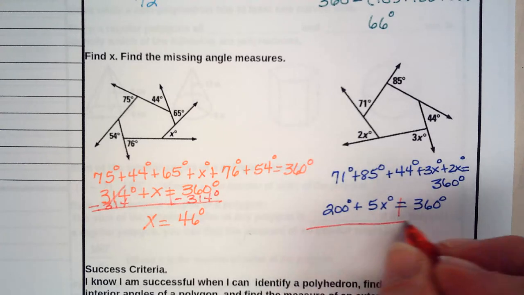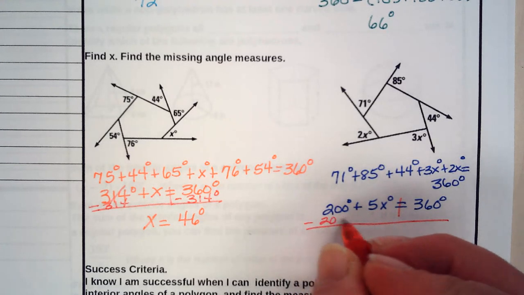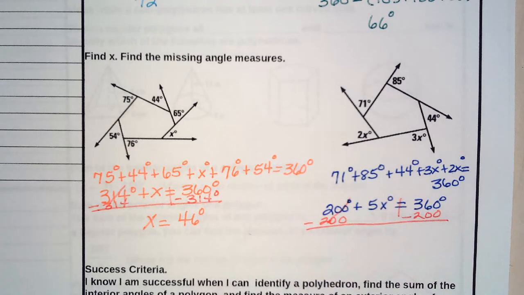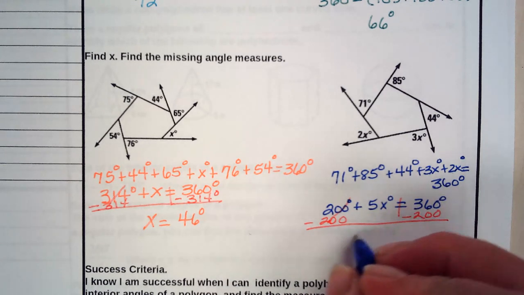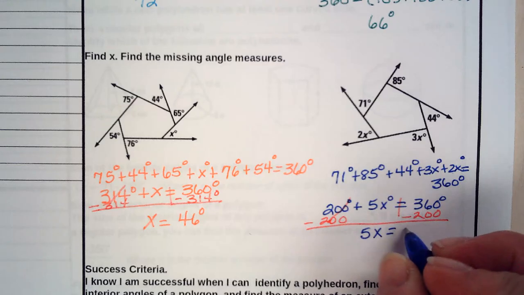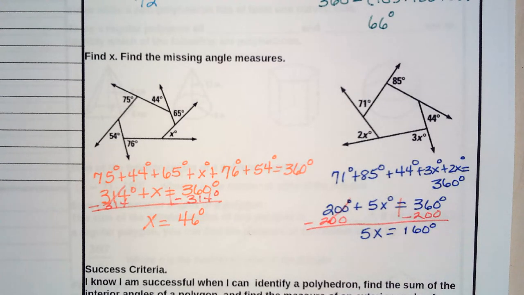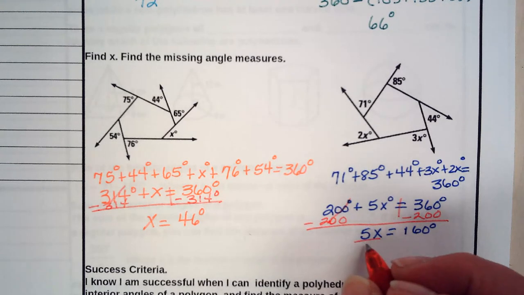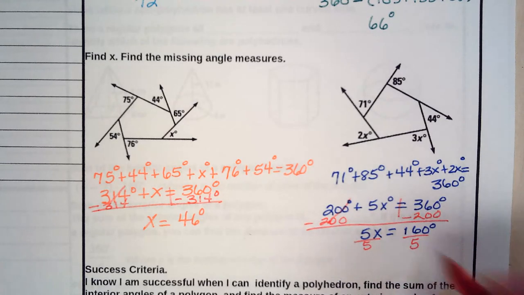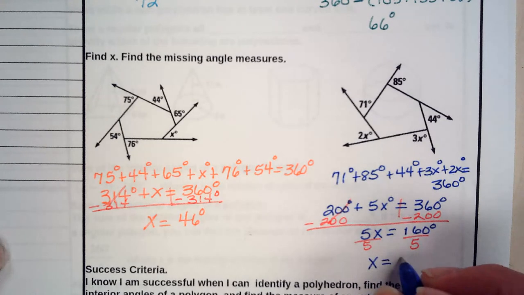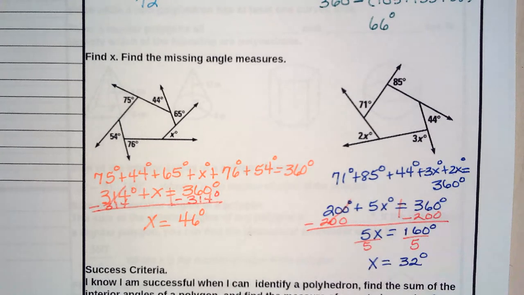I will start by subtracting 200 from both sides. 5x is equal to 160 degrees. Divide by 5. And x is equal to 32 degrees.